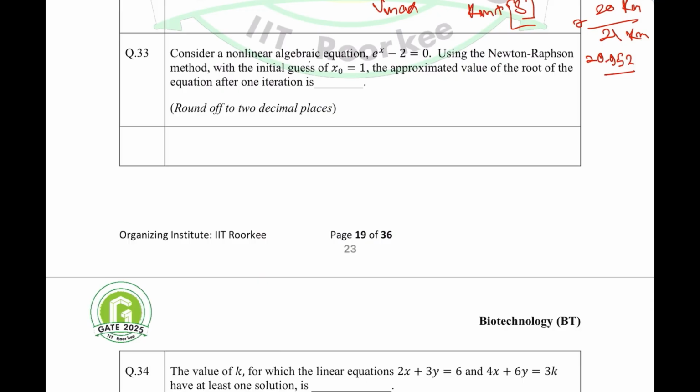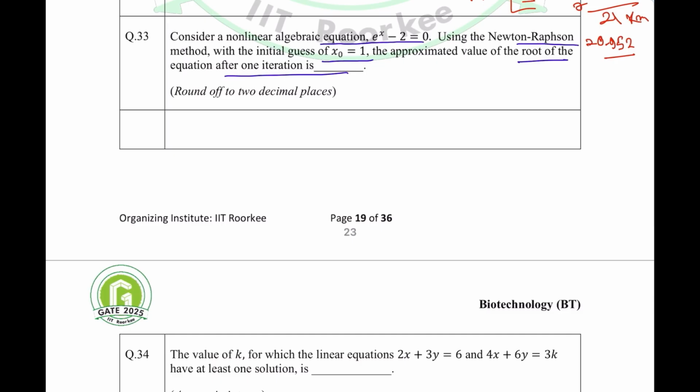Consider the nonlinear algebraic equation e to the power x minus 2 equal to 0. Using the Newton-Raphson method with the initial guess of x0 equal to 1, what is the approximate value of the root of the equation after 1 iteration?